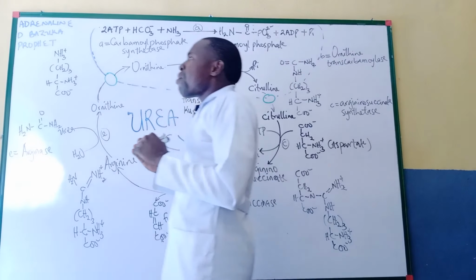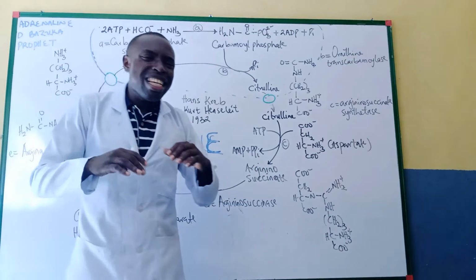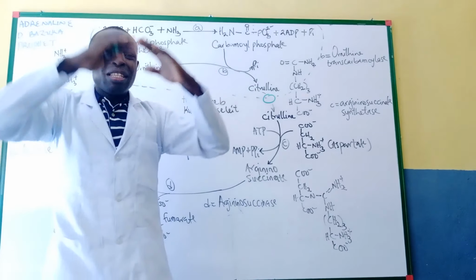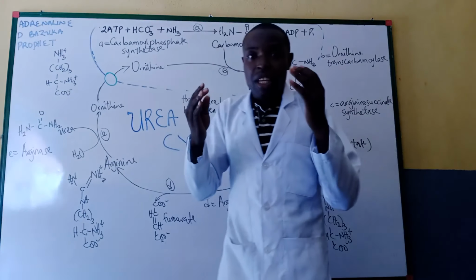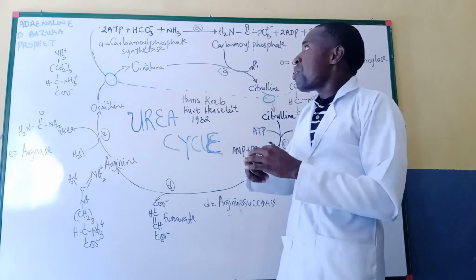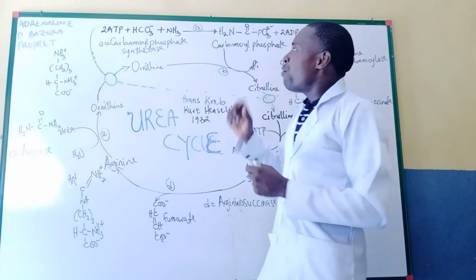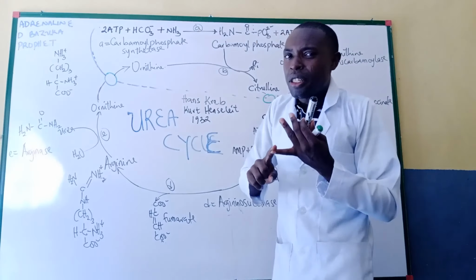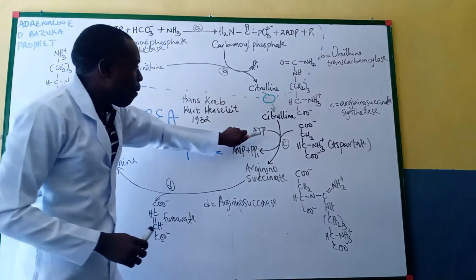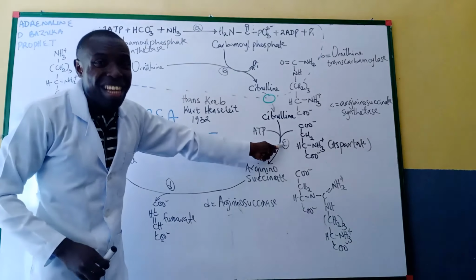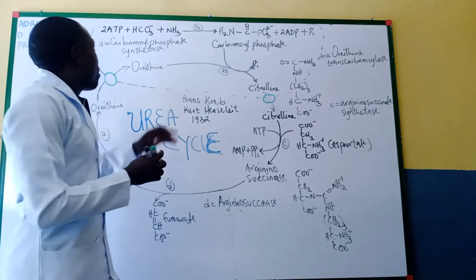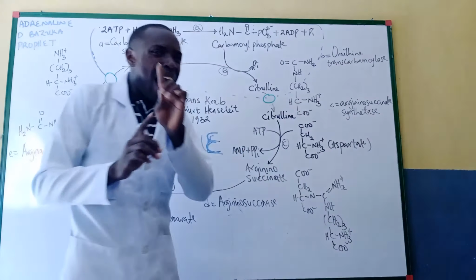Now in general, it will also interest you to know that the overall reaction of the urea cycle involves what? It involves 3 ATP. That's 3 ATP: 2 from here and 1 from step 3, with bicarbonate and ammonia.